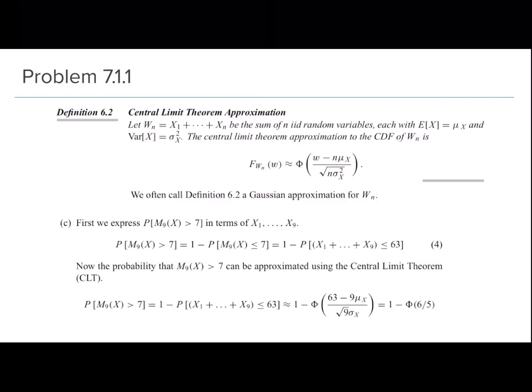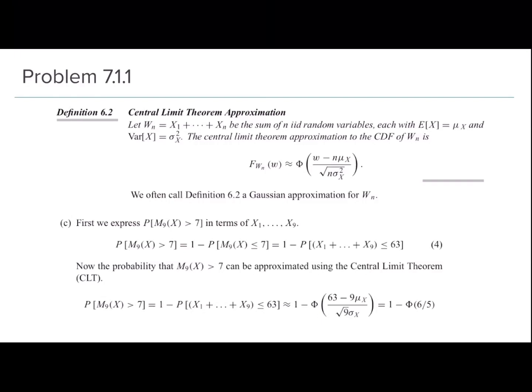So the probability that M9(X) is less than or equal to 7 is the same as the probability that (X1 + ... + X9)/9 is less than or equal to 7. If we take 9 to the other side, to the right-hand side, what we have left is the probability that X1 + X2 + ... + X9 is less than or equal to 63. So to find the probability that M9(X) is greater than 7, we have reduced it to 1 minus the probability that X1 + ... + X9 is less than or equal to 63.